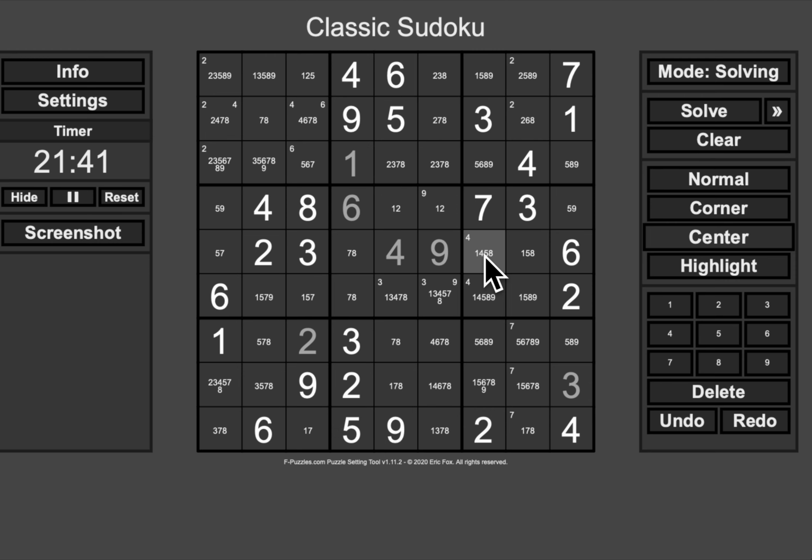Let's see. This 4 placed here rules this cell out of being a 4. The only other place it can go is there, in box 6. Okay, 158, 158.